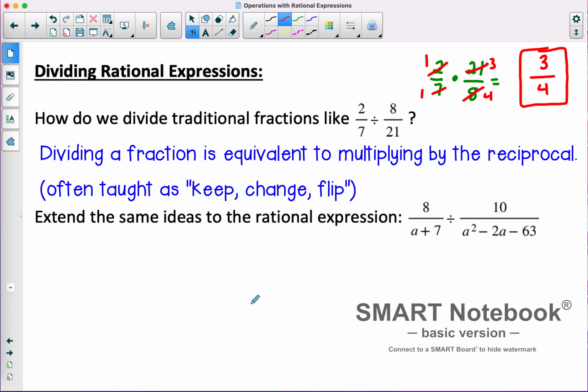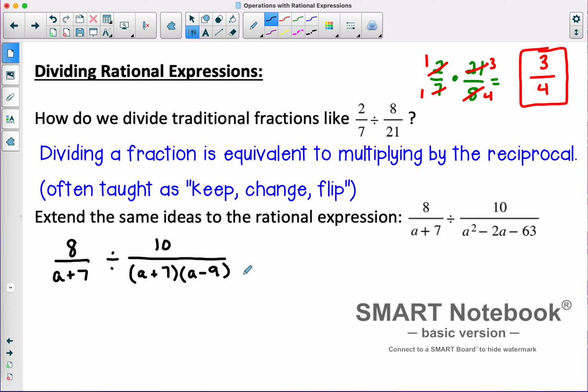So if we keep those same ideas and extend this to a rational expression, we still want to put it in factored form. So we have 8 over a plus 7. We're dividing by 10 over a squared minus 2a minus 63. Now I could write that in factored form as a plus 7, times a minus 9.